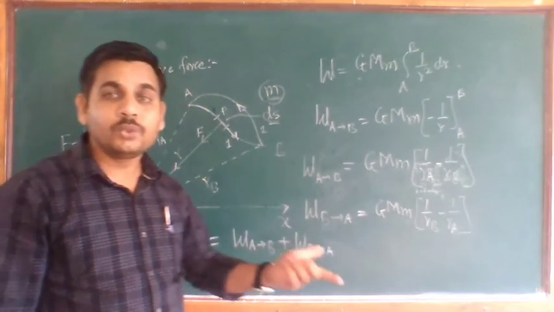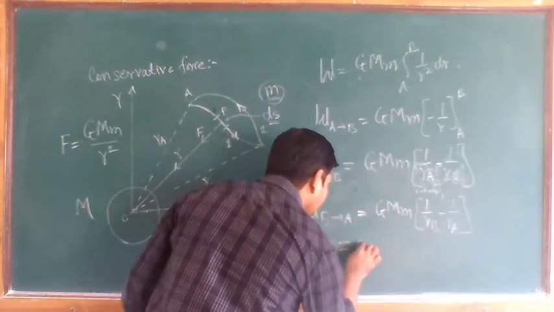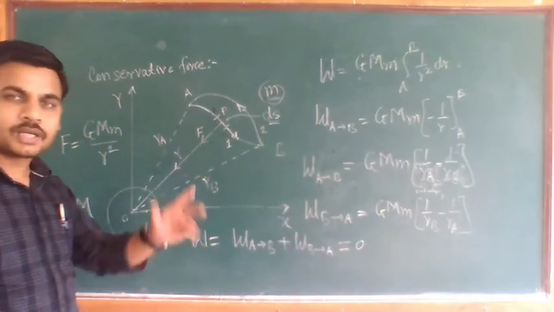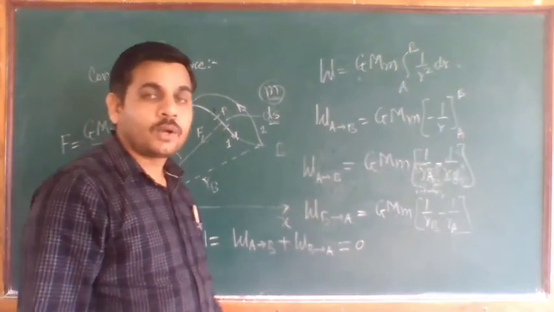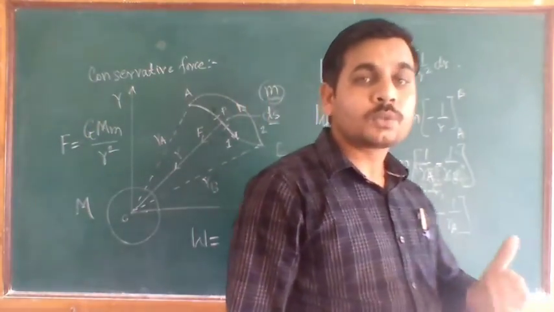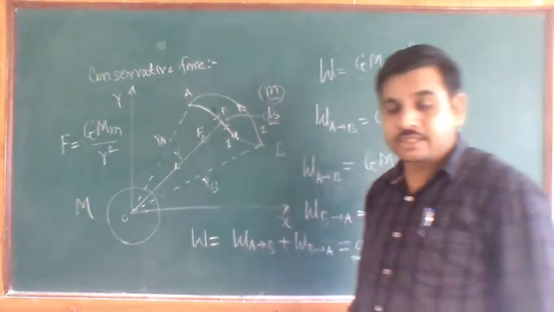It gives the round journey, and in that round journey the total work done is 0. As per our definition, the total work done over the round journey or closed path loop is 0.